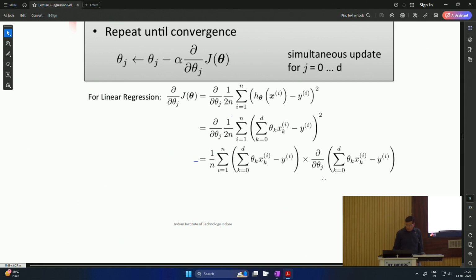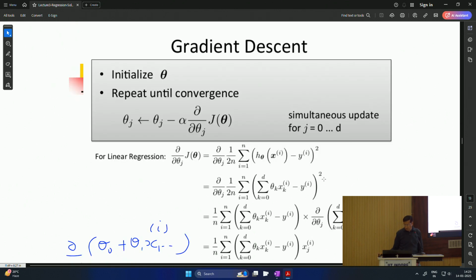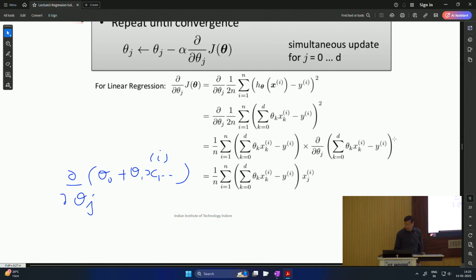It will be theta naught x0, theta 1 x1, till theta d xd, and you differentiate with respect to theta j, which means that xj will be left and all the other terms will be 0. Should I write it down or is it clear? Clear? Okay. So the next slide writes it down. The derivative of this term is nothing but xj.